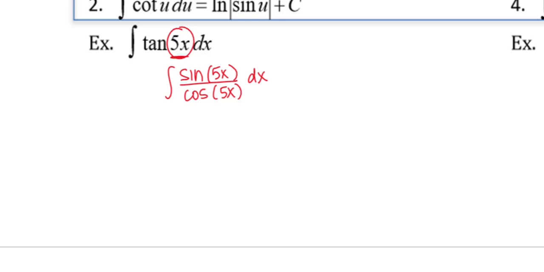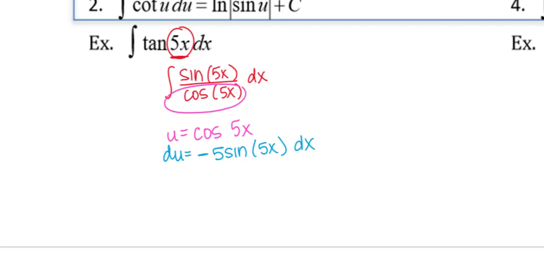Okay, so then I will let u be this cosine 5x. So then my du is negative 5 sine 5x dx. So hopefully that derivative is okay. That was a Calc 1 derivative there.